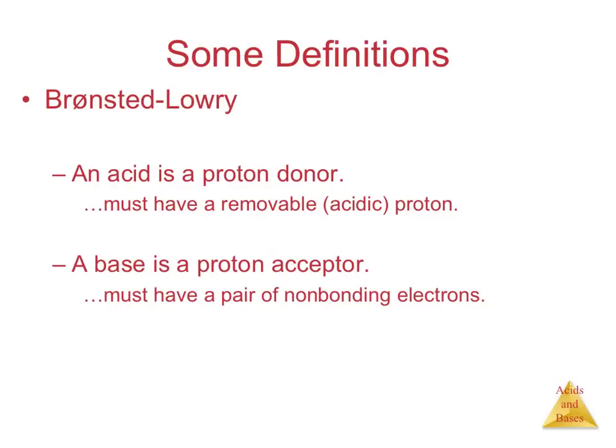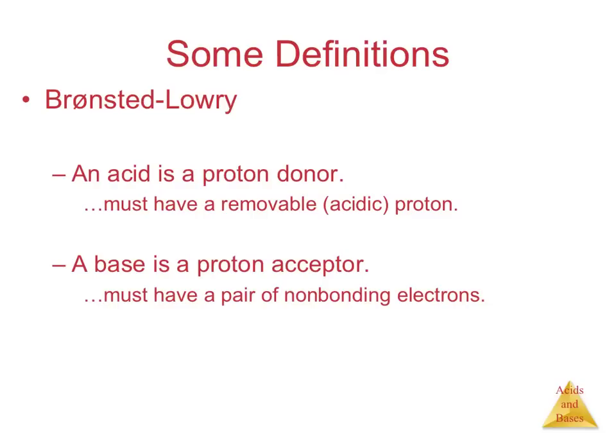The other definition that broadens what a base is is the Bronsted-Lowry definition. An acid is still something that donates a proton. It has to have that H plus to come off. Again, HCl is still considered a Bronsted-Lowry acid. But a base is now a proton acceptor. So hydroxide can accept a proton to become water, but other things can also accept protons.